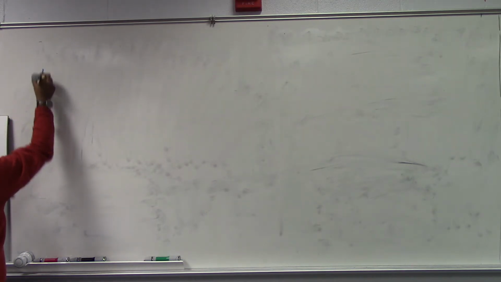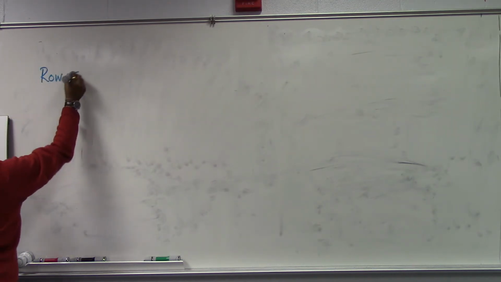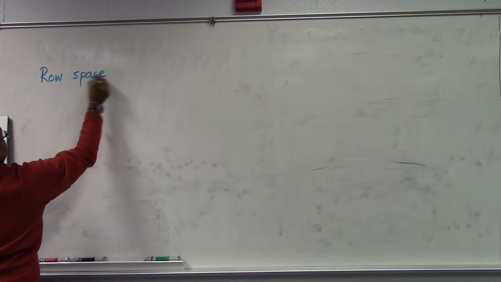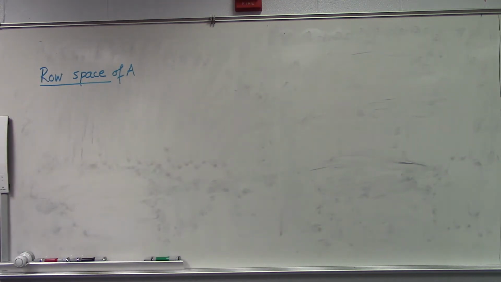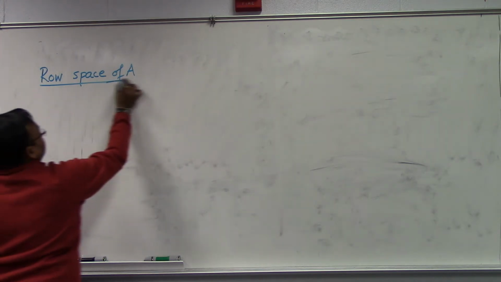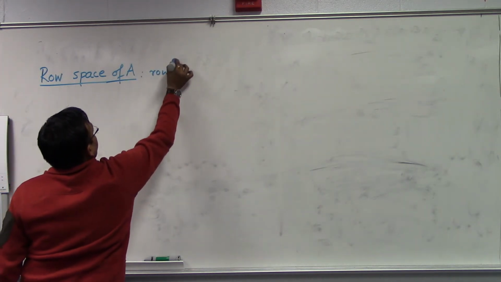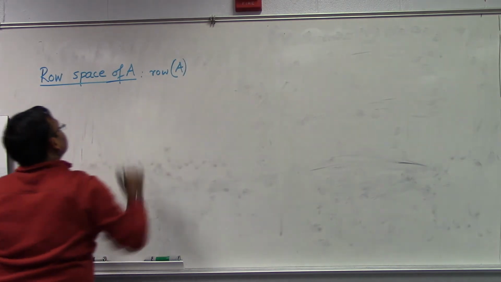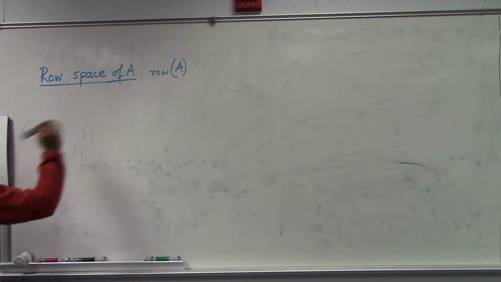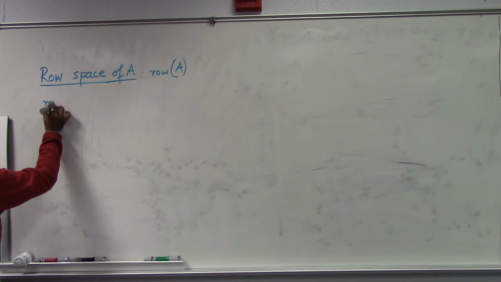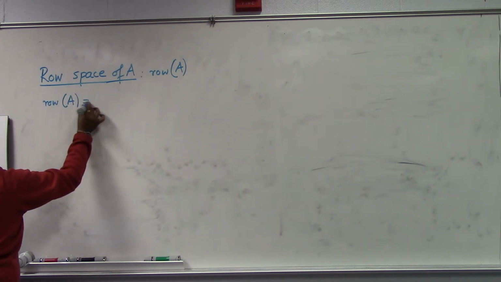Okay, so let's see what is the description for a row space. Generally, to avoid confusion, I would denote the row space of A as this. I don't want to use the letter R because sometimes we use it for reduced echelon form, sometimes we use it for rank. So, as one would expect, the definition of row space is very straightforward.